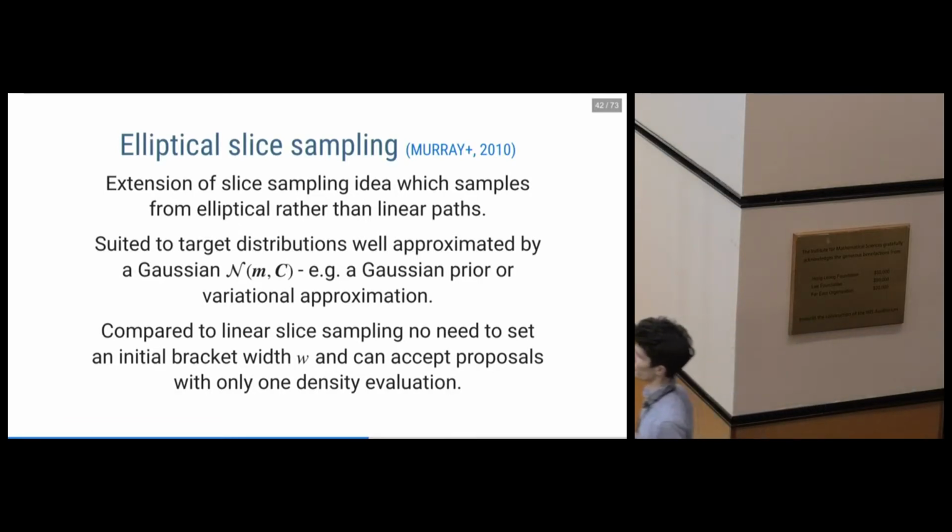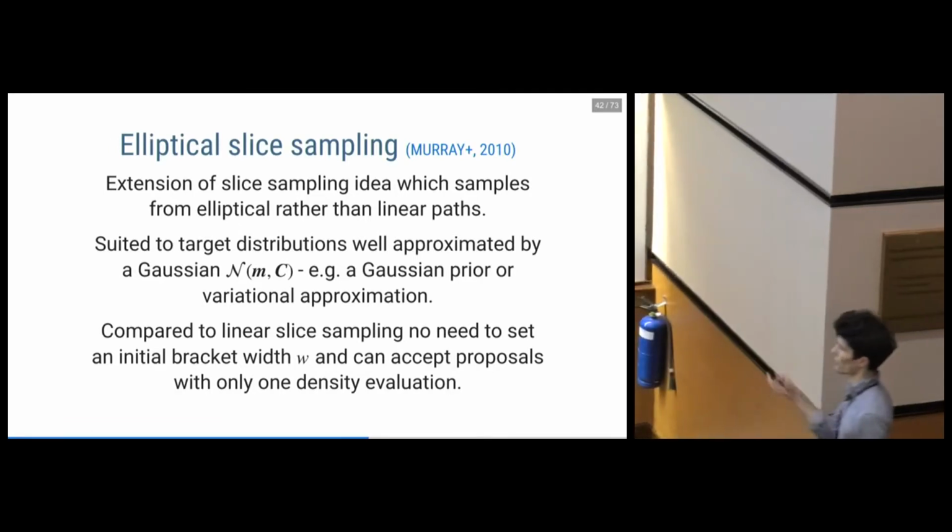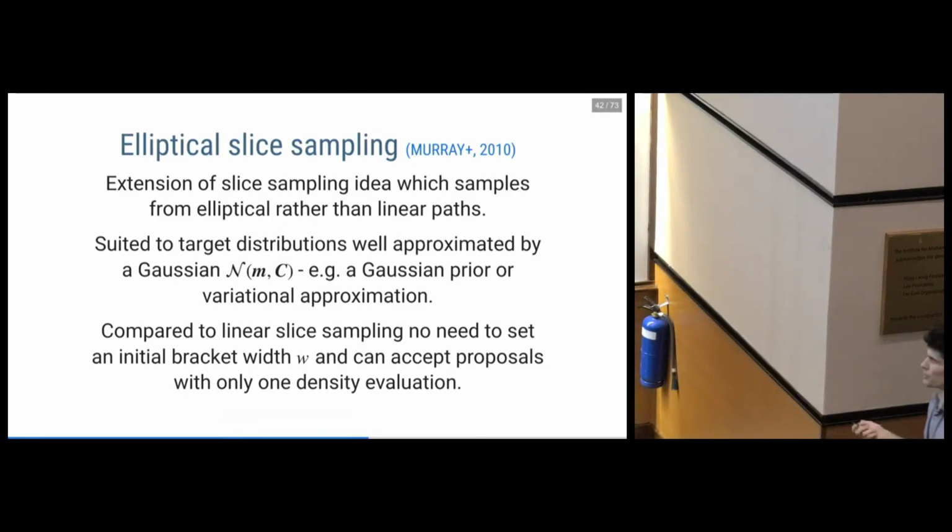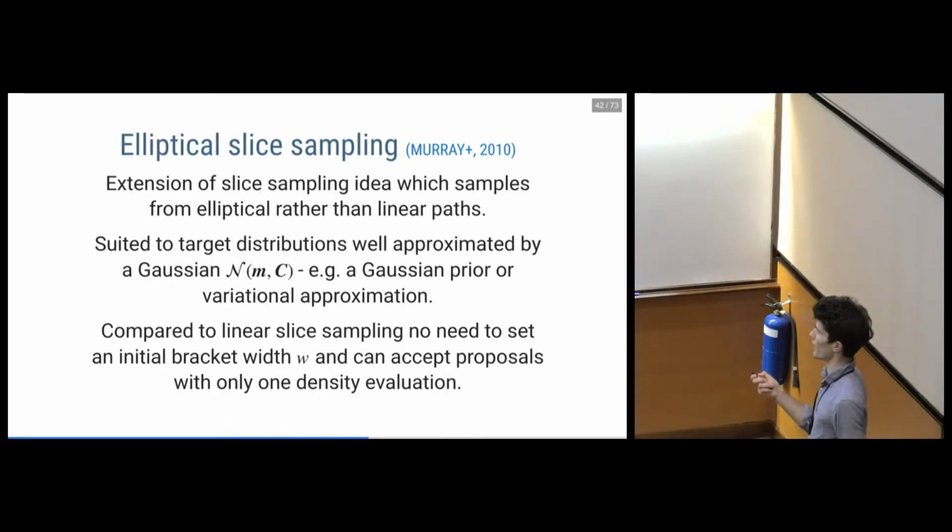This elliptical slice sampling algorithm, because it doesn't have this initial expansion stage, is basically able to accept proposals straight away. And because it has this Gaussian prior preserving property, in practice, if your distribution is close to Gaussian, it will often accept a near to independent point straight away with one density evaluation.